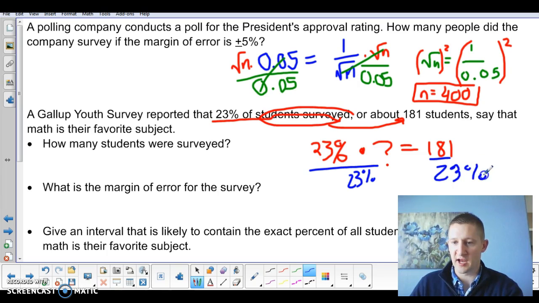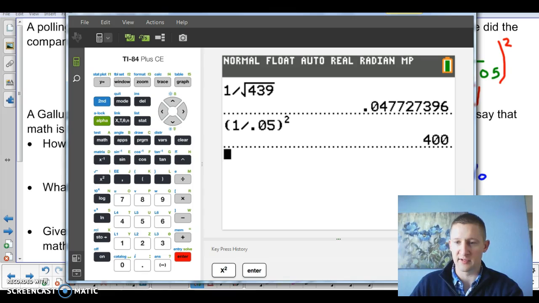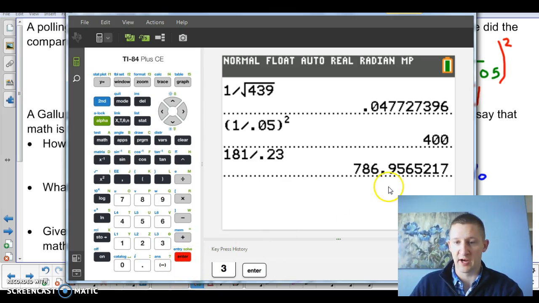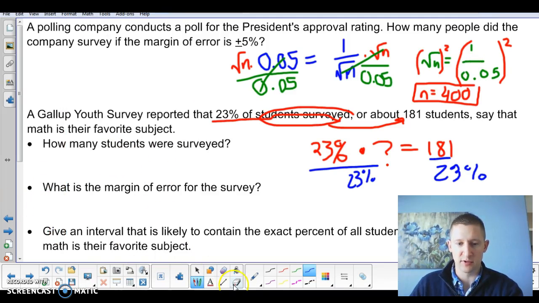So what's going to happen is I'm in my calculator going to type in 181 divided by 0.23 because that's the same as 23%. When I do that, I get 786.95. All right, well, we'll round that up. That's pretty close to 787, so we'll go with that. So how many students were surveyed? 787 of them.